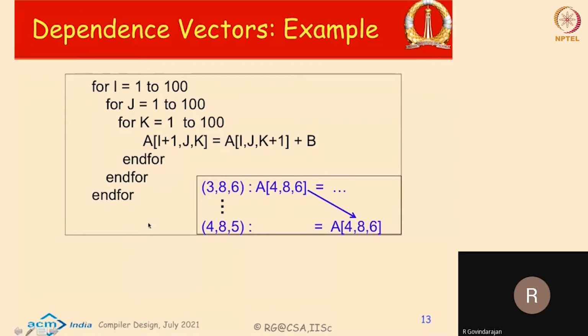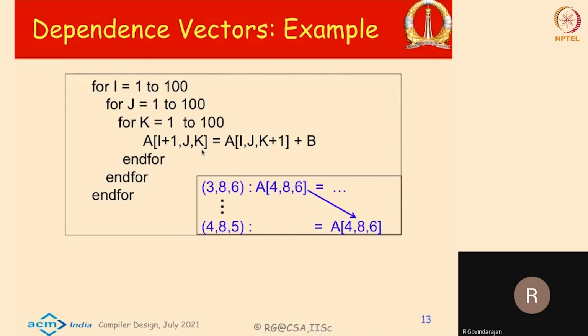So let's look at two different iteration vectors here as an example. For example, if I take the iteration vector 3, 8, 6, that means substituting I equal to 3, j equal to 8, and k equal to 6, then the left-hand side for this iteration vector would be 4, 8, 6. That means that it would produce the value of array element 4, 8, 6.